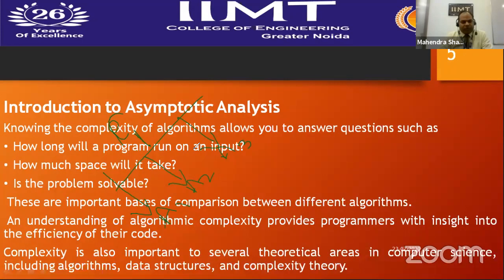So these are important bases of comparison between different algorithms. And an understanding of algorithm complexity provides programmers with insight into the efficiency of their code. Complexity is also important to several theoretical areas in computer science, including algorithms, data structures, and complexity theorems.